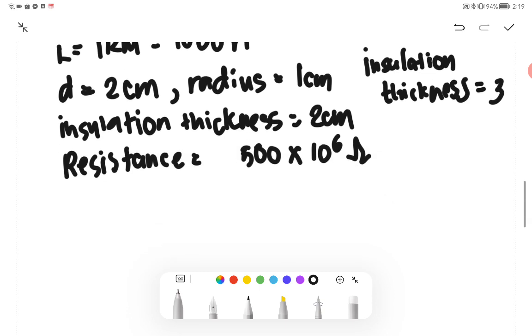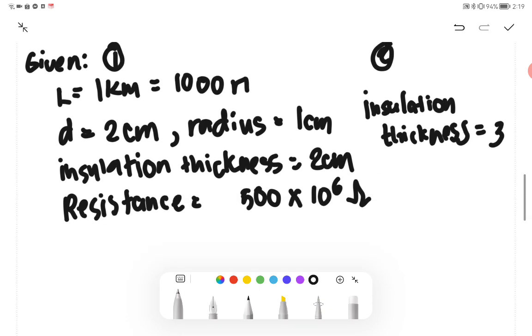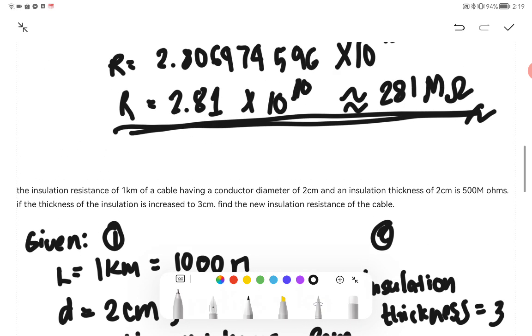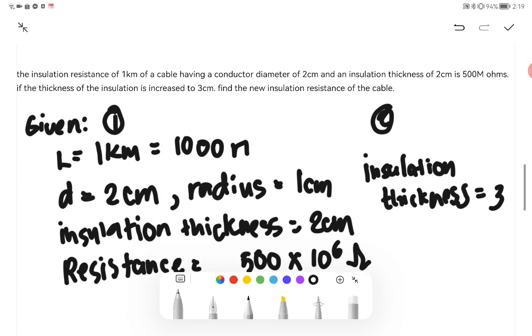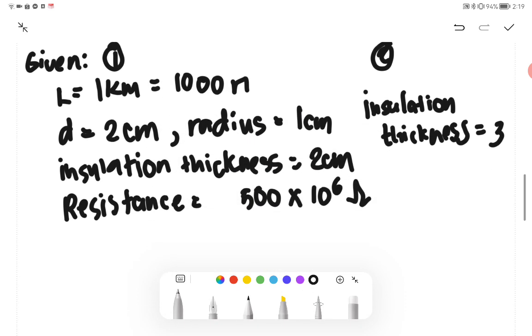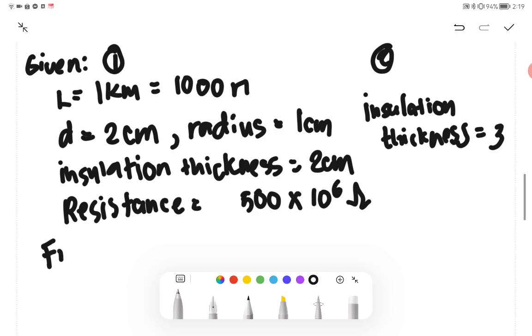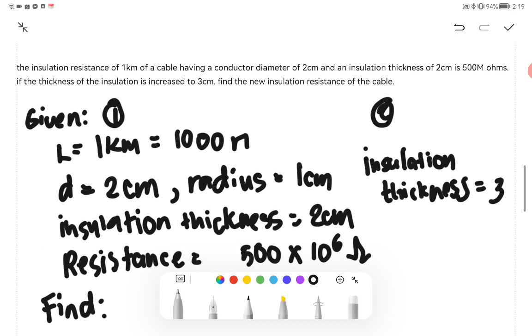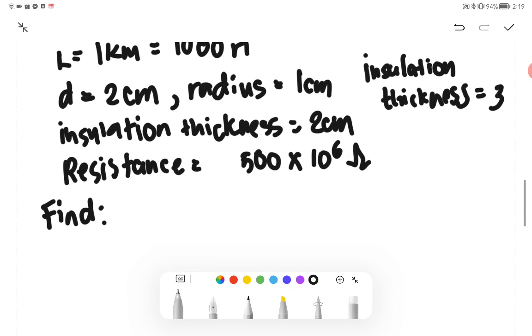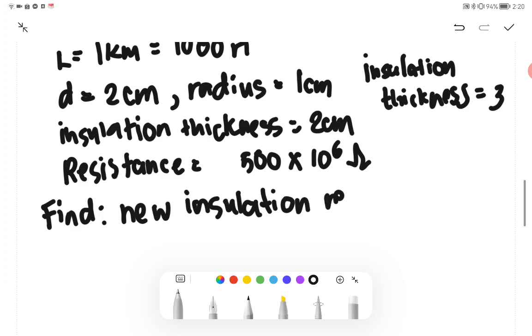Okay? So, let's go ahead and plug in. We are asked to find the new insulation resistance.